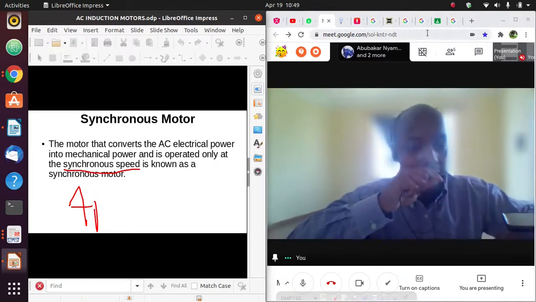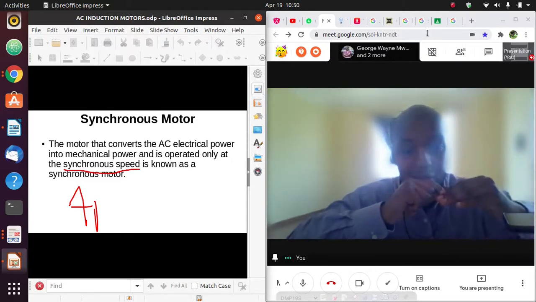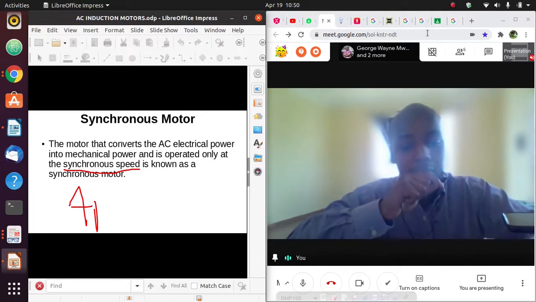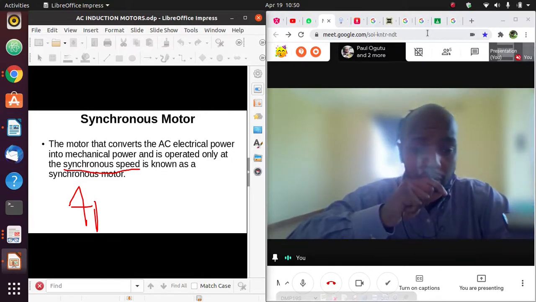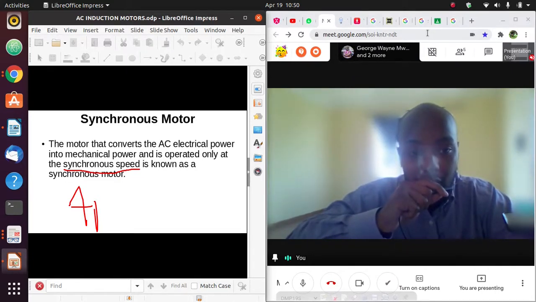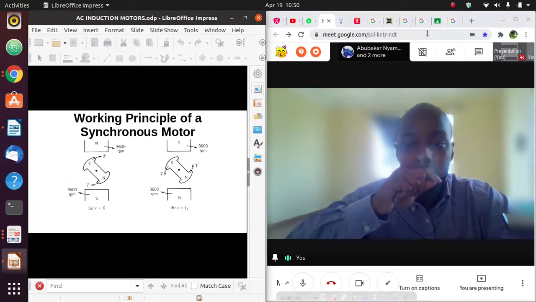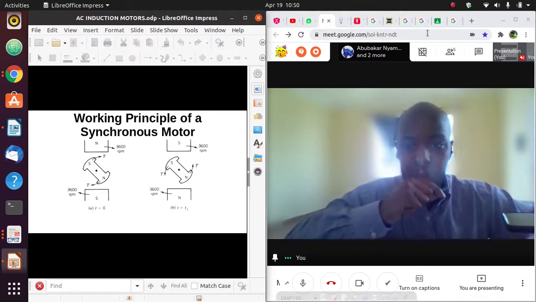The air gap is the space between the rotor and something known as the stator. We will look at these components as we move forward, but a synchronous motor rotates at synchronous speed. The magnetic field will rotate at that speed, and the rotor, which will be connected to the mechanical shaft, will also be rotating at synchronous speed. But since we are not talking about synchronous motors, we'll just pass through it briefly.